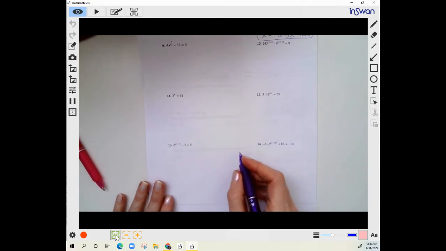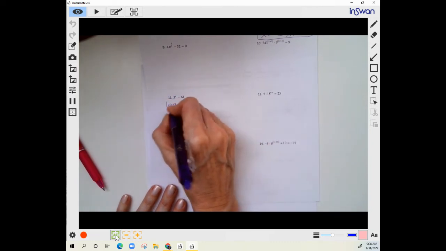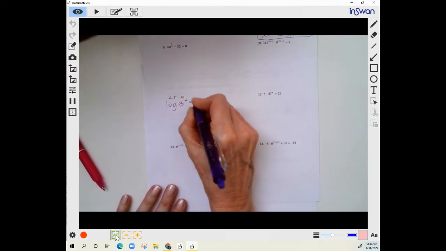If you put in your calculator, say, common log 5 divided by common log 2, you get the same exact result as if you do natural log 5 divided by natural log 2. So the choice is yours. Usually students choose common log if they have a choice. So I'll do that, just putting a common log on both sides.